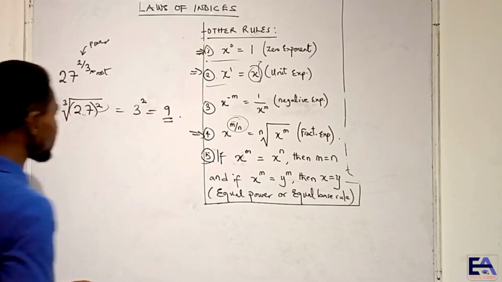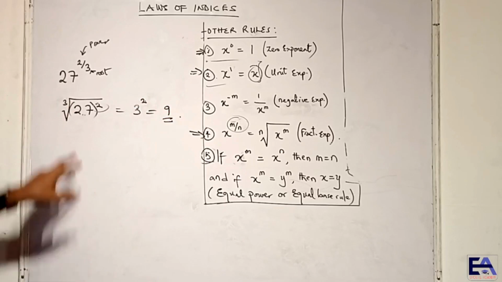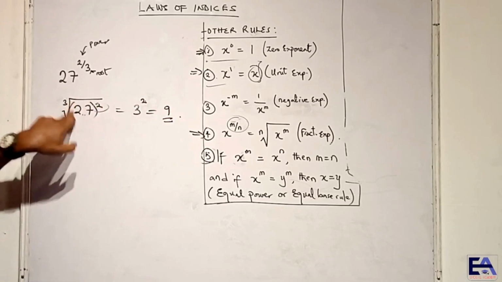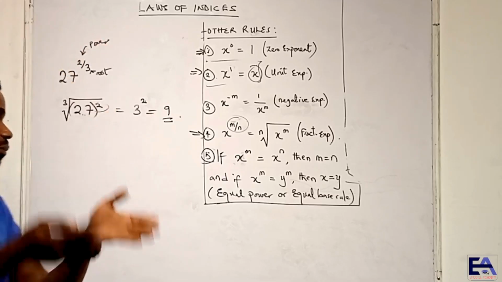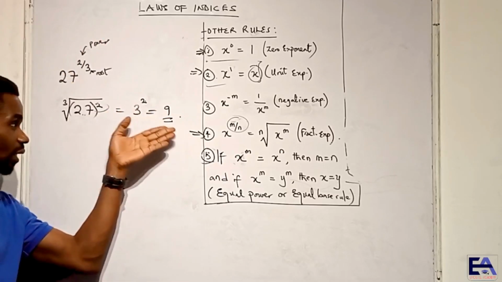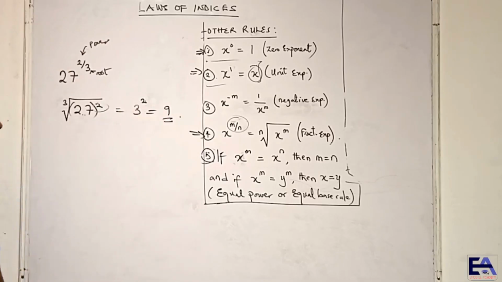So 9 is the answer. If you like, you can say 27 squared, that is 27 times 27, get the big result, then find the cube root of that big result. It still will end up as 9. So however you choose to do it, you're still going to get the same answer. Do you understand that?